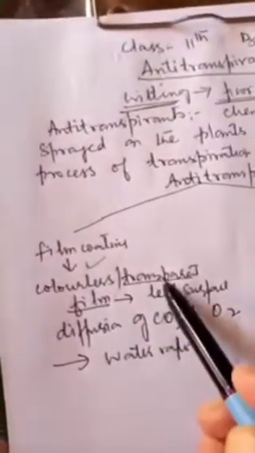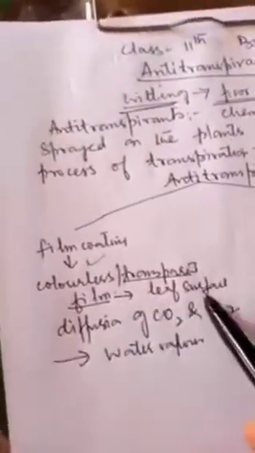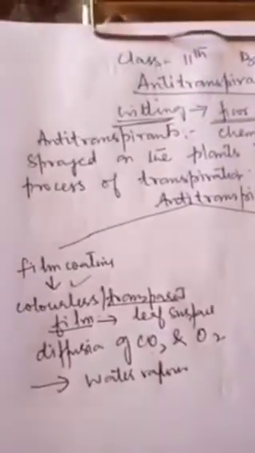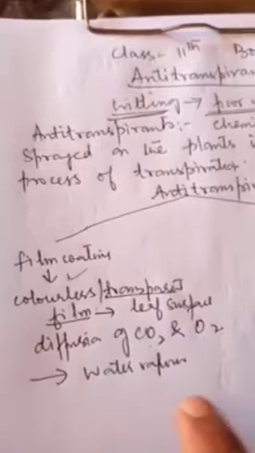So when these anti-transpirants are sprayed on the leaf, they form a colorless, transparent film on the leaf surface, which allows the diffusion of carbon dioxide and oxygen, but does not allow the diffusion of water vapor.